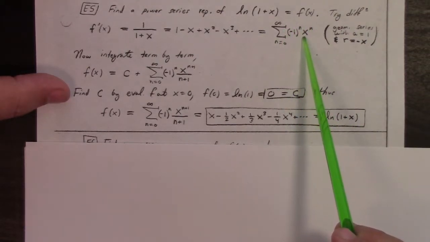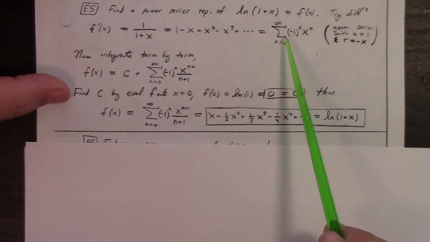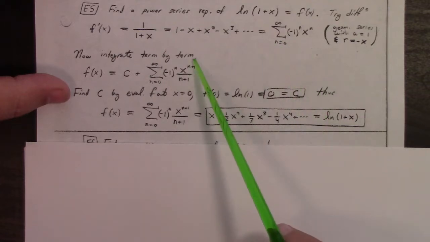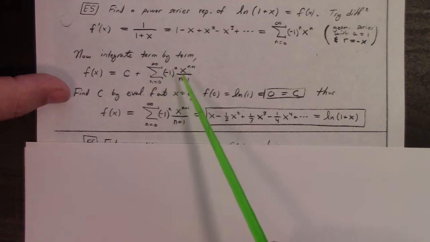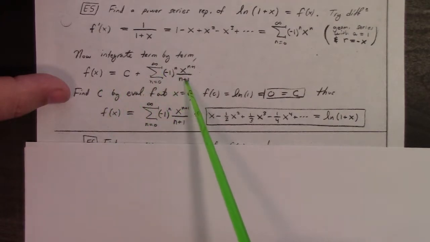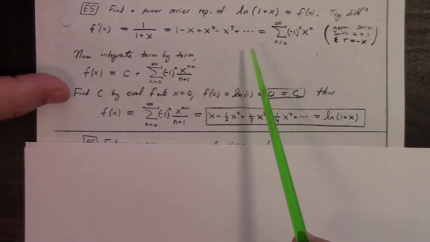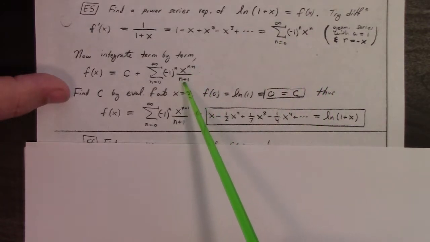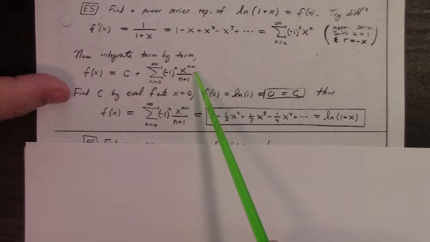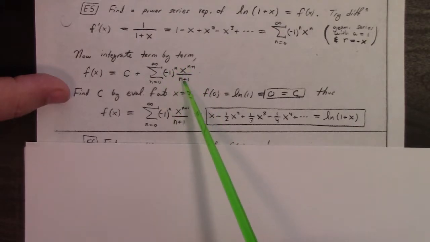I mean, nth term test, you plug in 1 here, it doesn't converge, right? But when you integrate, something neat happens. Integrating actually adds an endpoint to the interval of convergence. So the derivative converges from minus 1 to 1, neither endpoint included, but the integral includes 1, because at 1 we get an alternating harmonic series which converges, in fact, to natural log of 2.